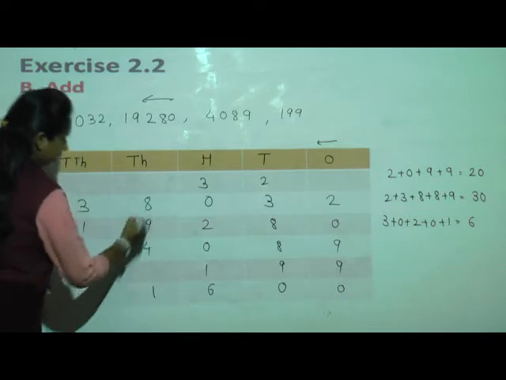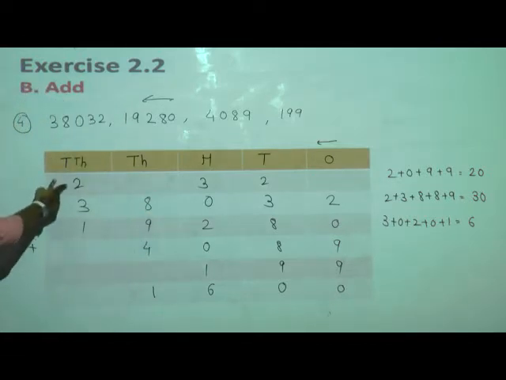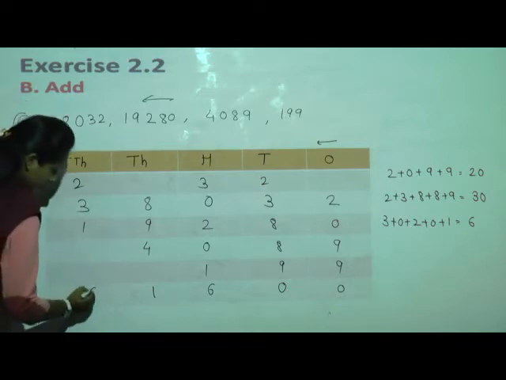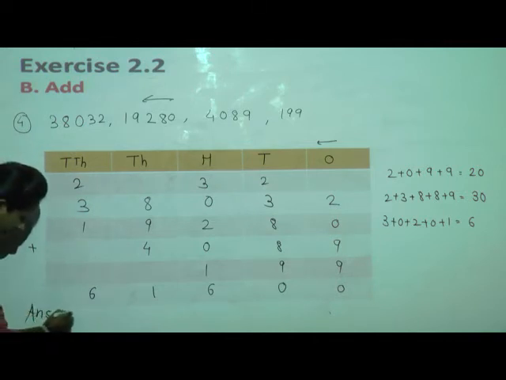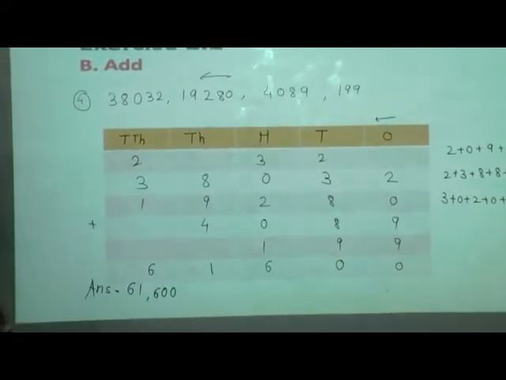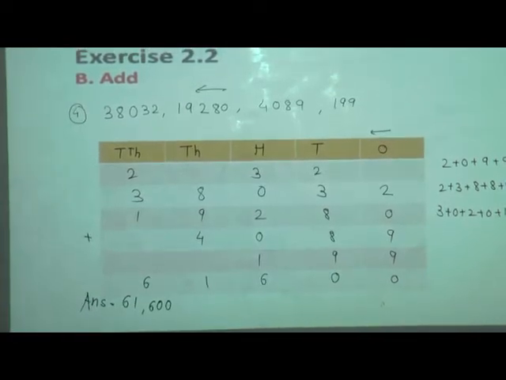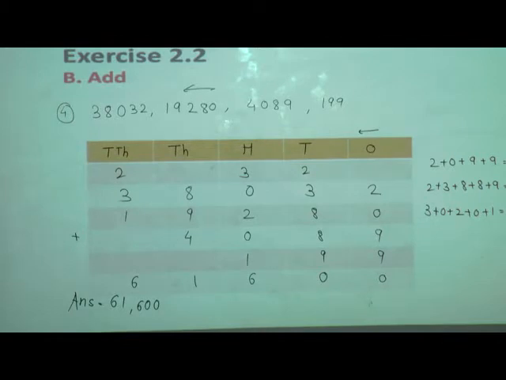So write 1 here on the thousands place and 2 carry to the ten thousands place. Now 2 plus 3, 5. 5 plus 1, 6. So what is our answer? Write here the answer, that is 61,600. Got it? Understood? This sum understood by everyone? Yes, very easy sum. Okay?